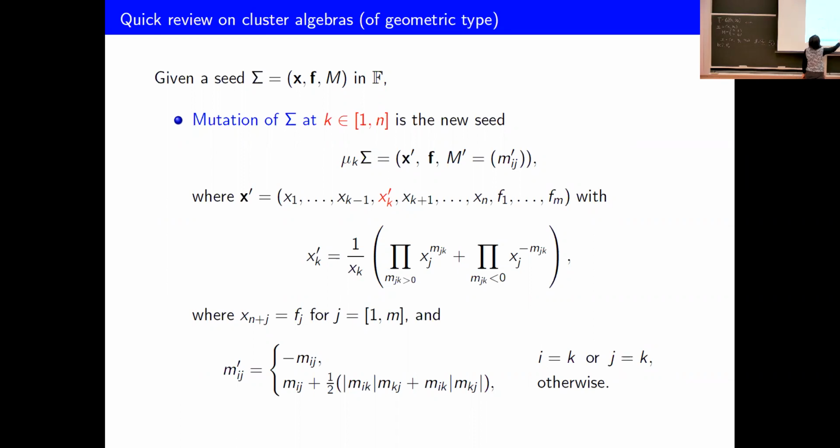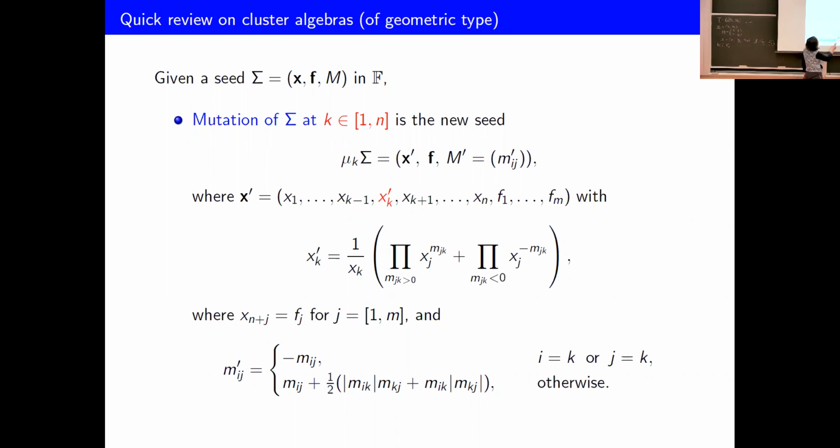So yeah, I'm looking at this formula. For the new seed, you only change one new function, only one at the spot k, and you change it in a very simple way. It's a monomial plus a monomial divided by xk.